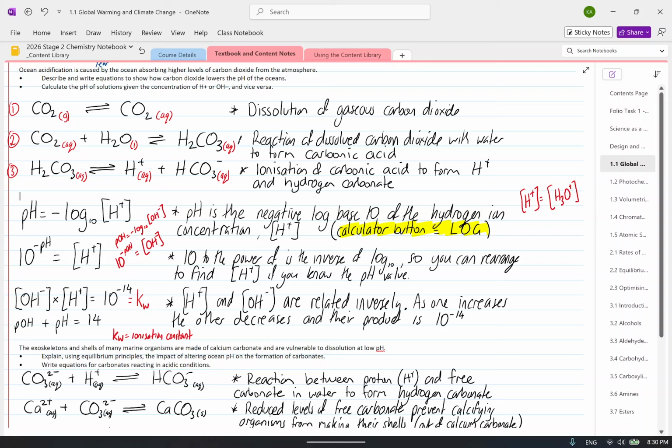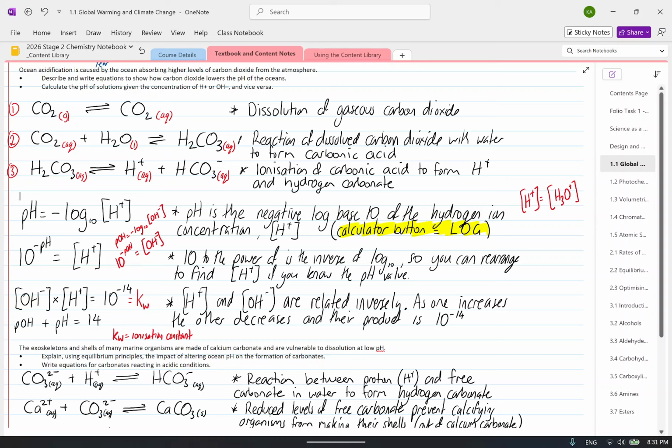If you have the concentration of H+ ions in your solution, you can work out the pH by taking the negative log base 10 of that concentration. You will generally use a calculator, and the button is the log button. LOG is log base 10.